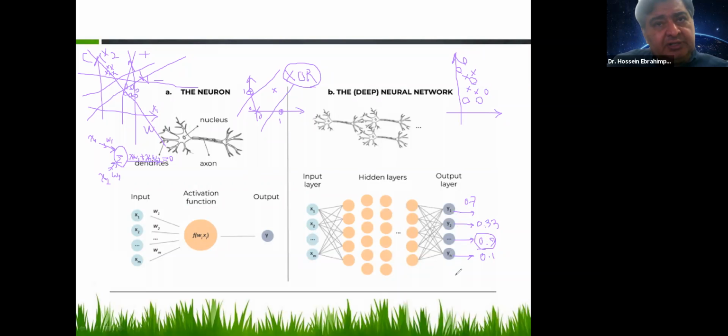Now there comes another question: how did these neurons know which fruit is apple and which fruit is orange, or like that? Tessa, do you want to explain it?